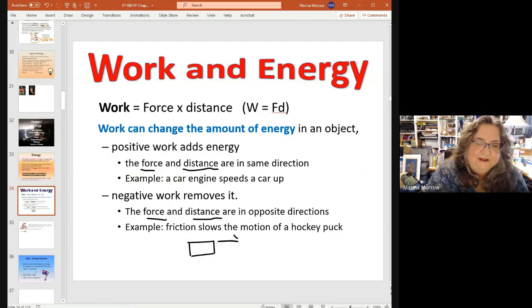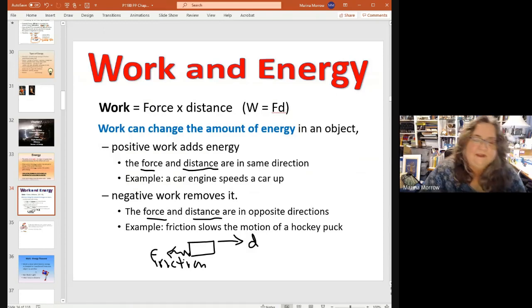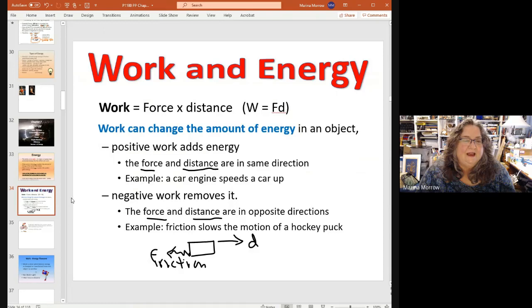The motion, the velocity, and the distance are in one direction, but the frictional force is in the other direction. Okay, so in that case, you are taking energy out of the system that is the hockey puck, and that heat is heating up the floor of the ice rink.